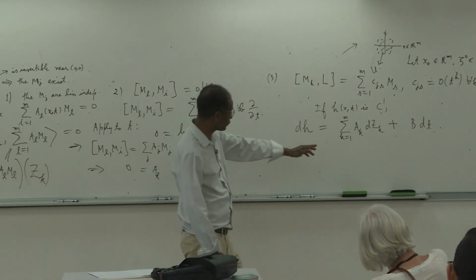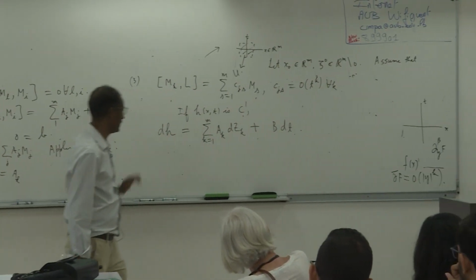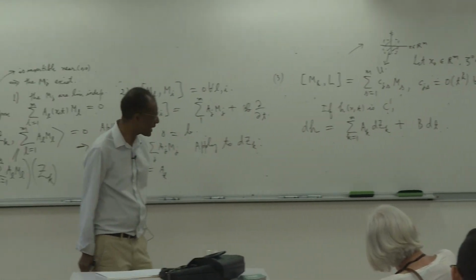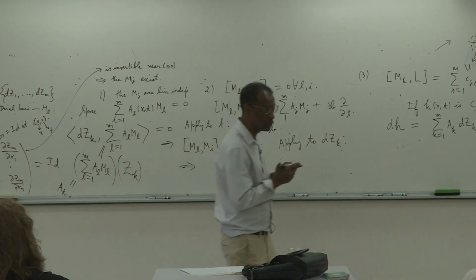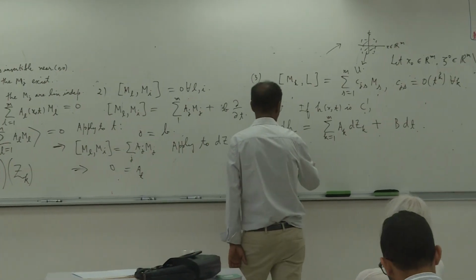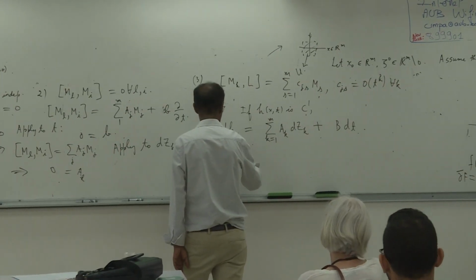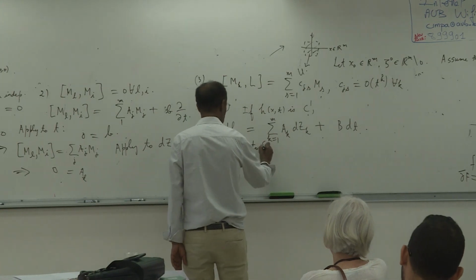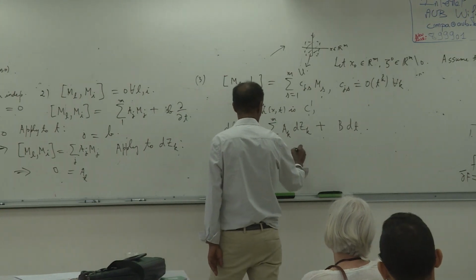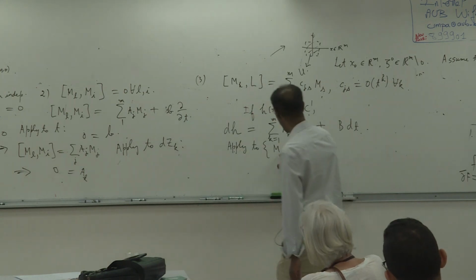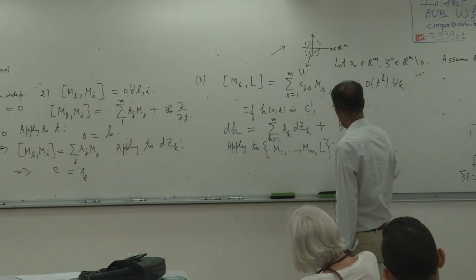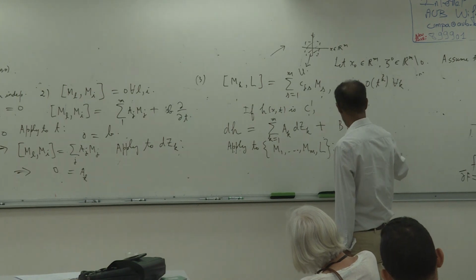So now I have to write what these coefficients are in terms of h. To do that, you apply this equation to the following basis of vector fields: M1 up to Mm, L. When you apply to Mj, look at what happens.